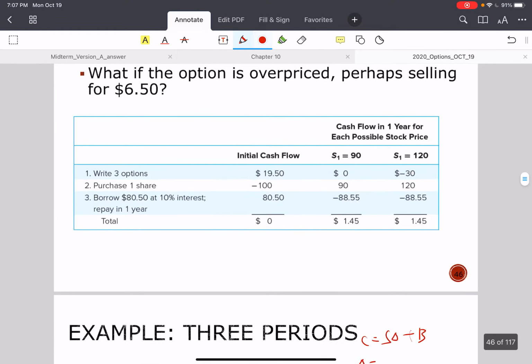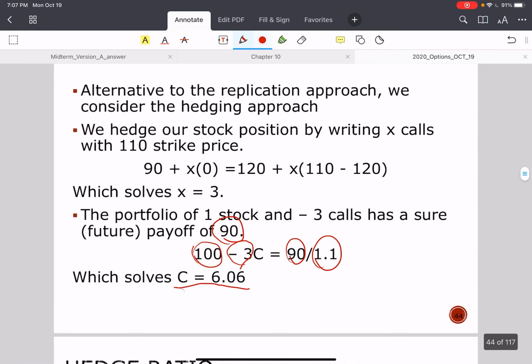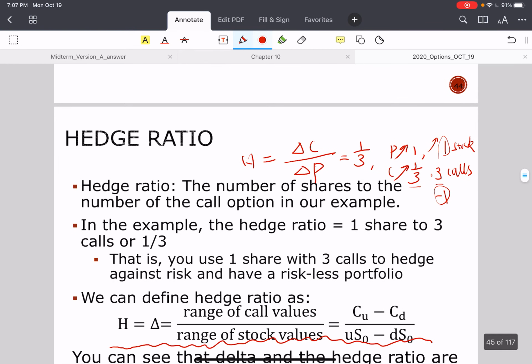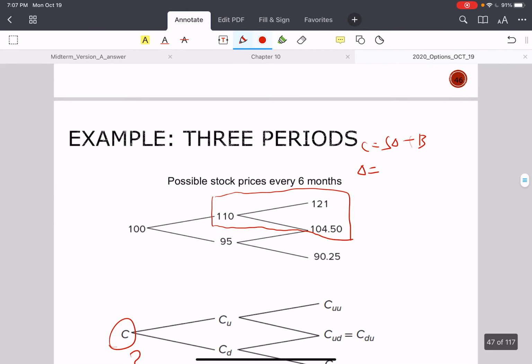Okay, to be honest, I can't memorize this. So let me see. Let me find out the delta here. So I'm looking at my computer and I'll copy this formula. So delta is CU minus CD divided by US0 minus DS0.